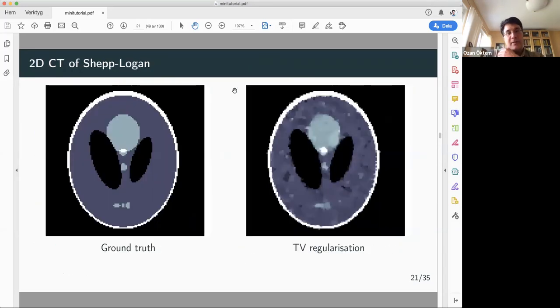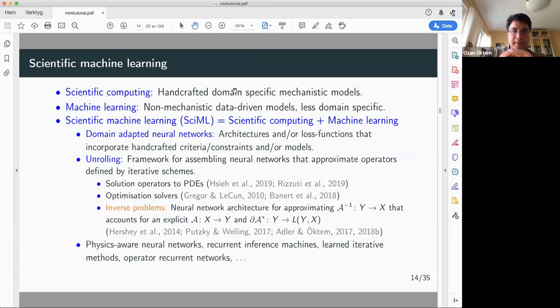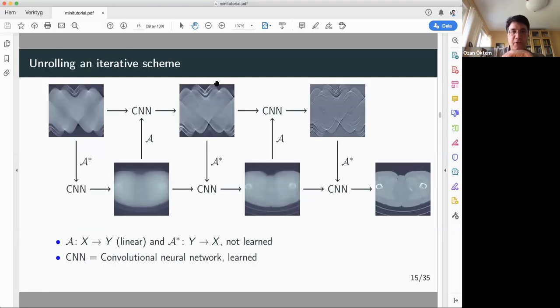So you see the CNNs here act both on the sinogram space, which is the CT data space, and also on the image space. In that sense, the forward operator and the adjoint take care of the global relationships, whereas the CNNs are more like denoisers. You can think of them that way intuitively. I don't know if that answers your question.